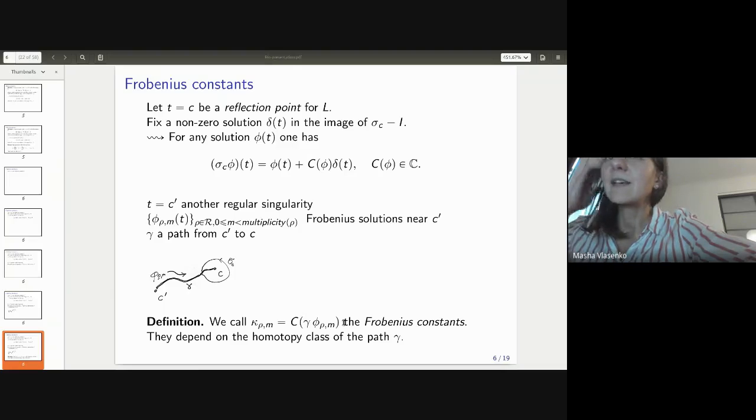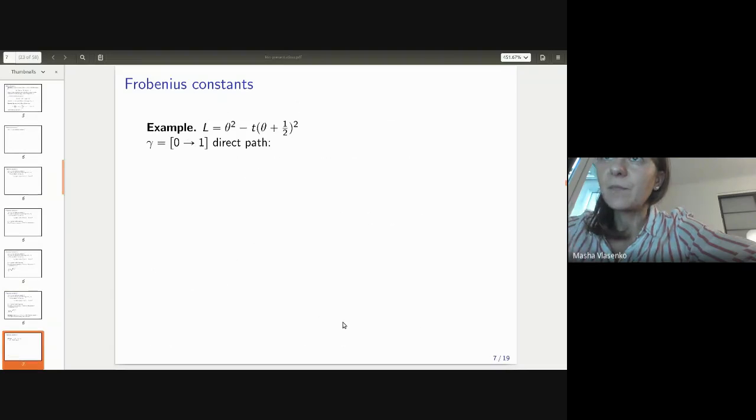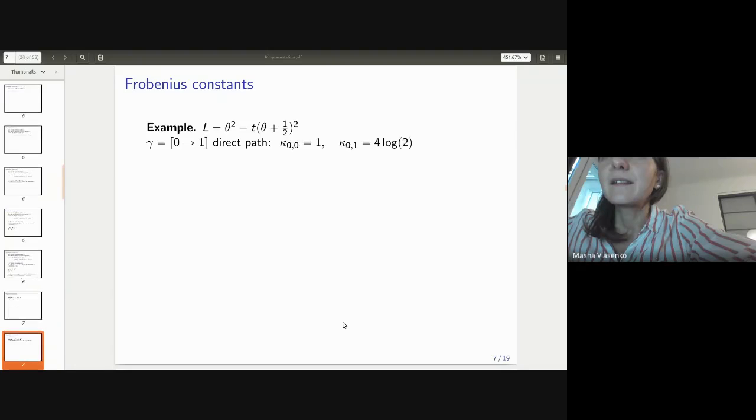I claim that for geometric differential operators, we are getting very interesting numbers. So here is our example, which was here from the very beginning. And here, for the direct path between 0 and 1, which is a reflection point, the constants are 1 and 4 log 2.